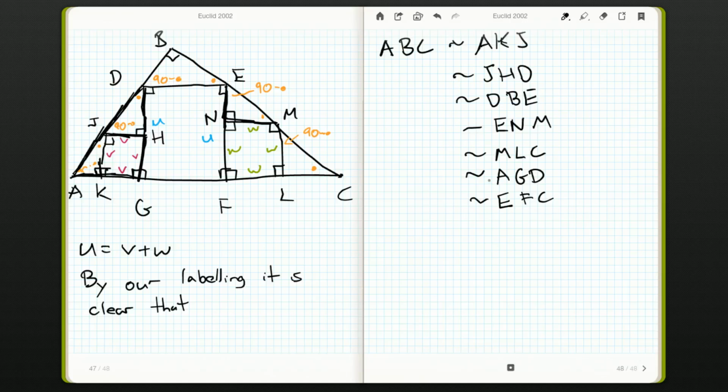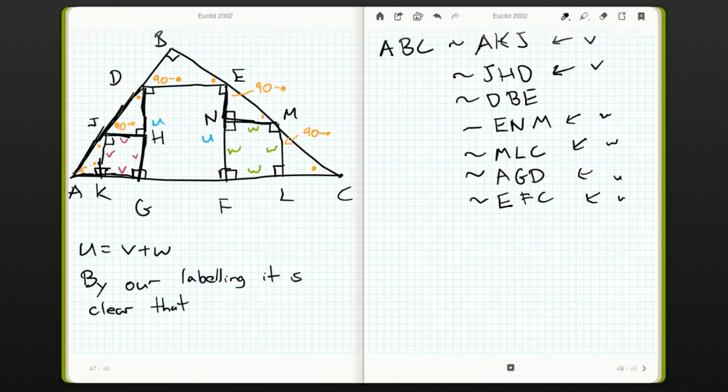But, well, we have a lot to work with here, actually. So these last two, they have some of their side lengths being U. These two have some of their side lengths involving a W. And these two have some of their side lengths involving the V. This one here doesn't really seem to be helping, DBE, the one at the very top.